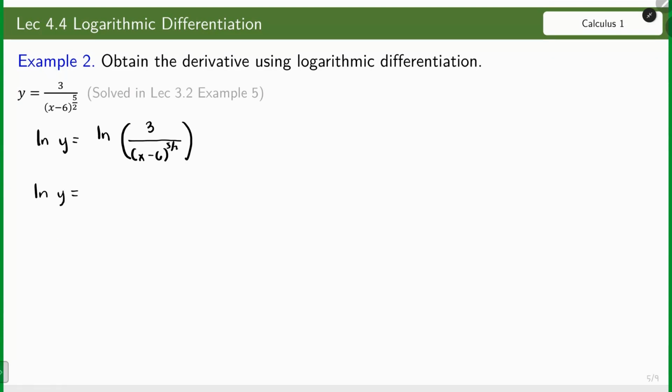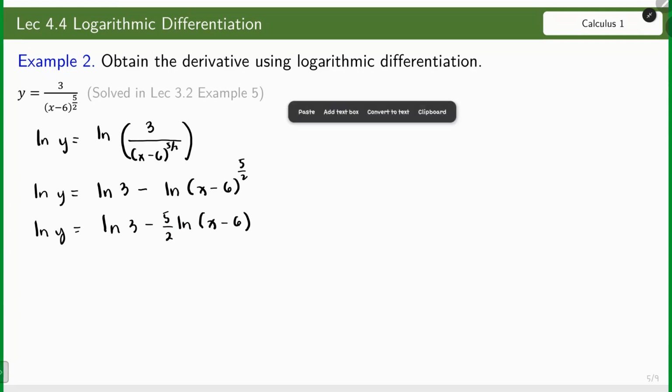This is a quotient, so we can split it into ln 3 minus ln of the quantity x minus 6 raised to 5 over 2. We can bring down the power using the law of logarithm for powers. Now, this one will be easier to differentiate because ln of 3 is a constant.